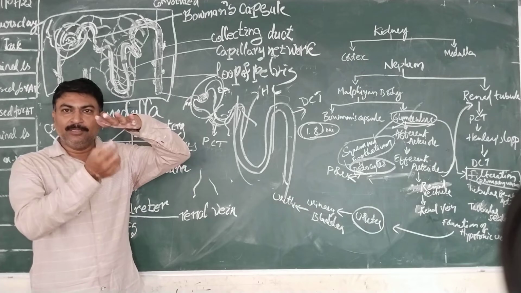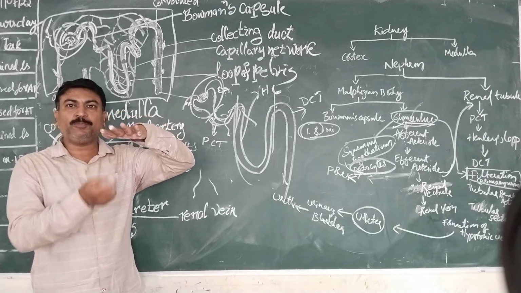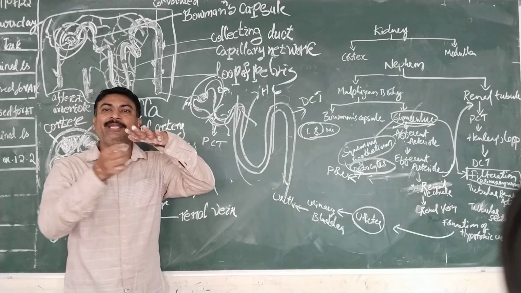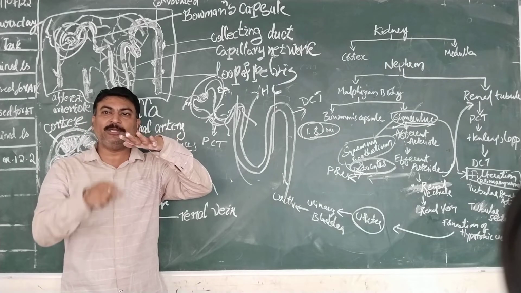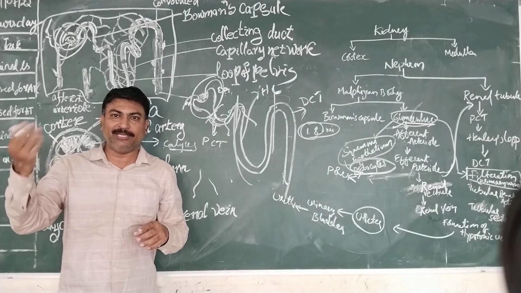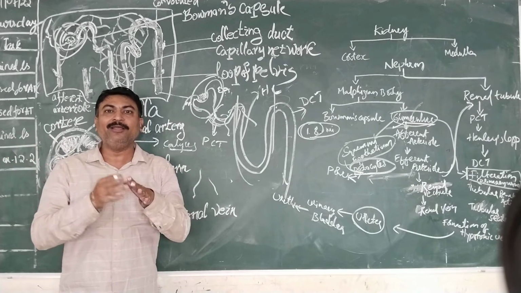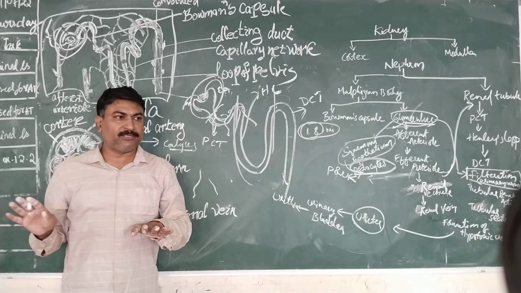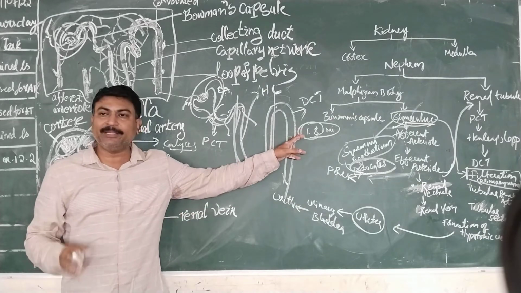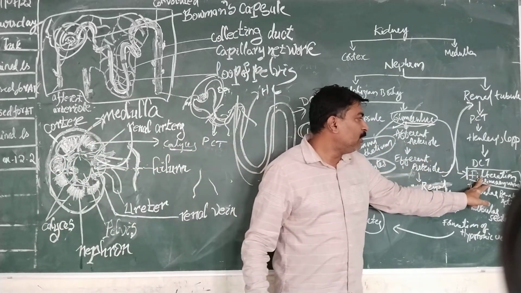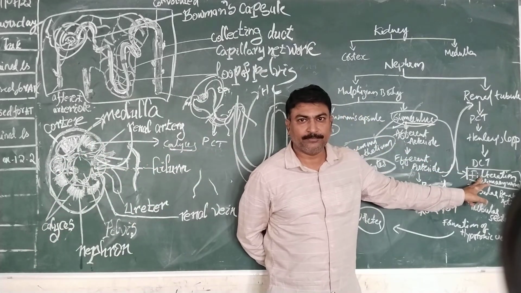Since the pores are small, the blood cells cannot enter that portion. Only the rest, that is plasma, which consists of several waste materials including organic and inorganic material, will be entering, leaving out only the blood cells. Blood cells are filtered in the glomerulus, so it is called glomerular filtration.